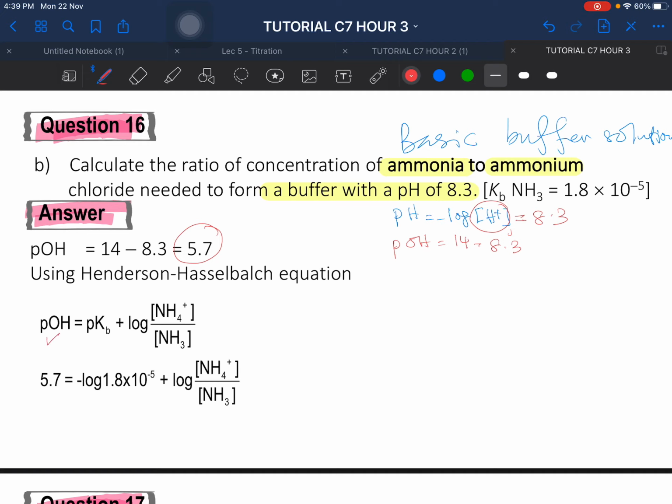So we can substitute into the pOH equation, and the Kb given is negative log 1.8 exponent negative 5 plus log salt over weak base. So we can solve 5.7 plus log 1.8 exponent negative 5, which equals log concentration of salt over concentration of weak base.